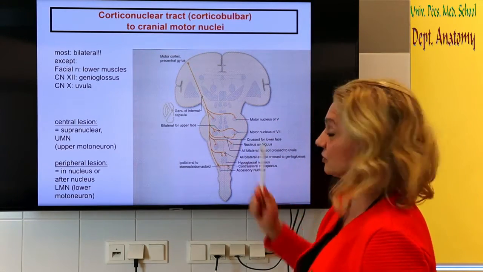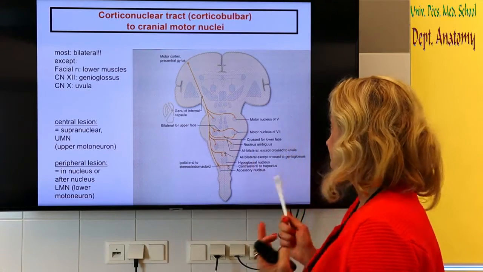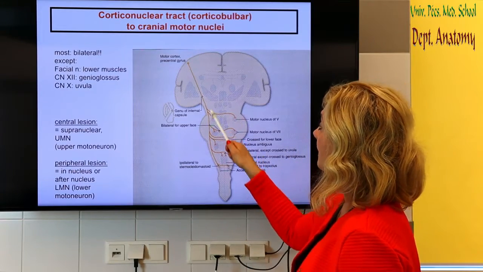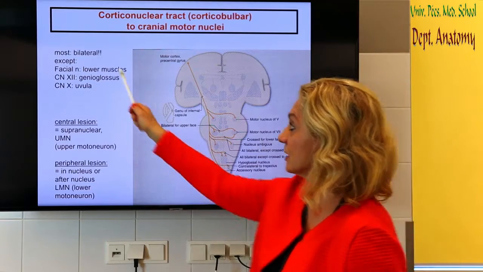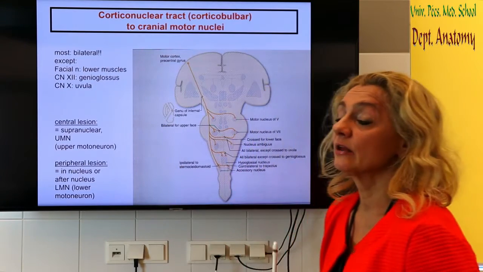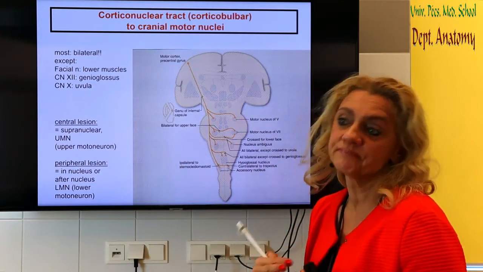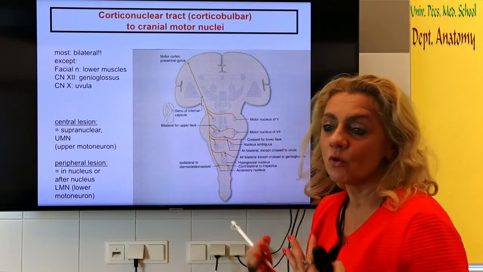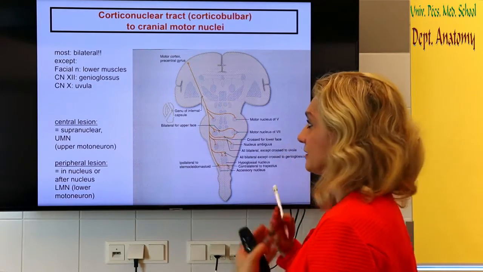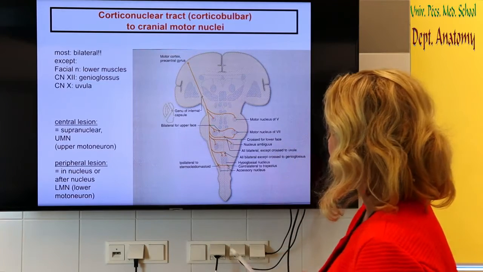This picture shows that most motor nuclei have bilateral innervation. So it's like evolutionarily the face is over-secured, so that it's going to get innervation.